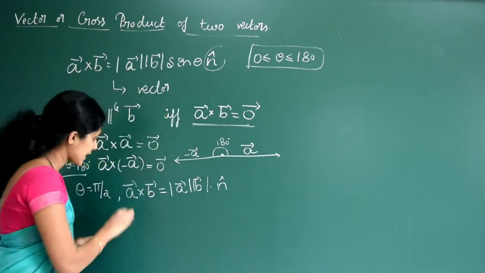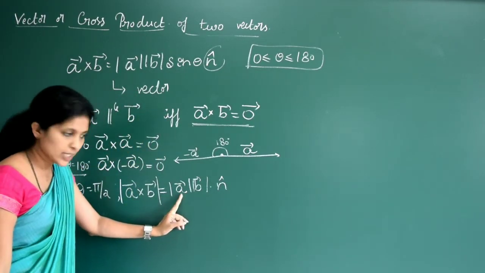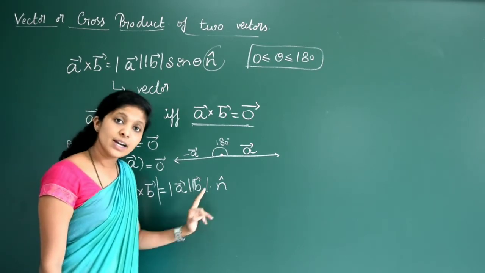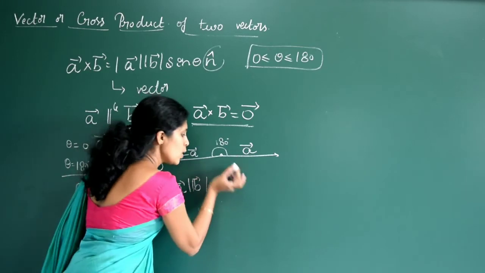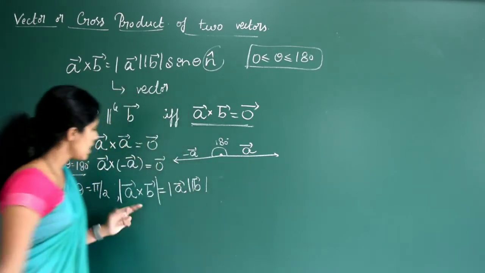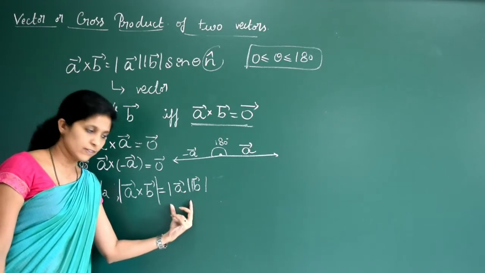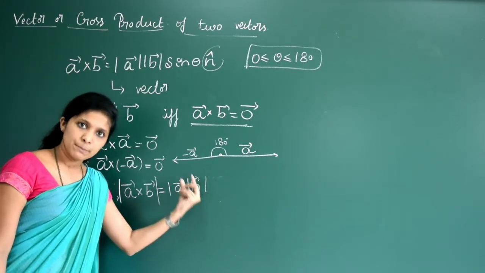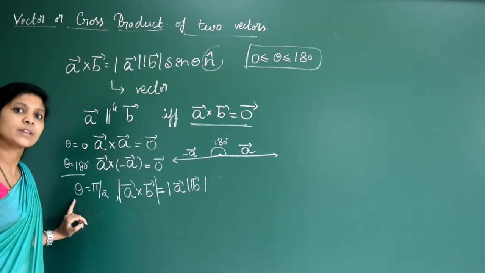If I consider the magnitude of A vector cross B vector, it is equal to magnitude of A vector into magnitude of B vector into magnitude of n cap. It's a unit vector, so magnitude of n cap will be equal to 1. Is it clear? So magnitude of A vector cross B vector is equal to magnitude of A vector into magnitude of B vector whenever the angle between two vectors is equal to 90 degrees.